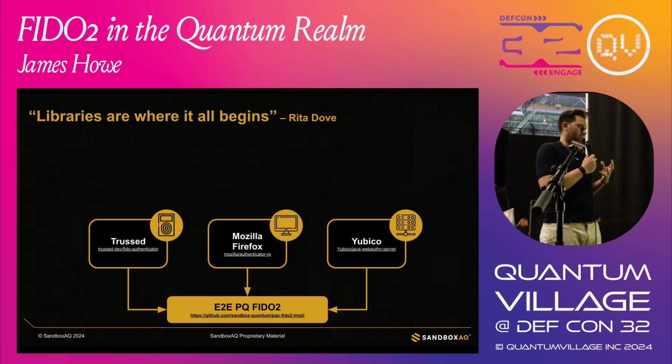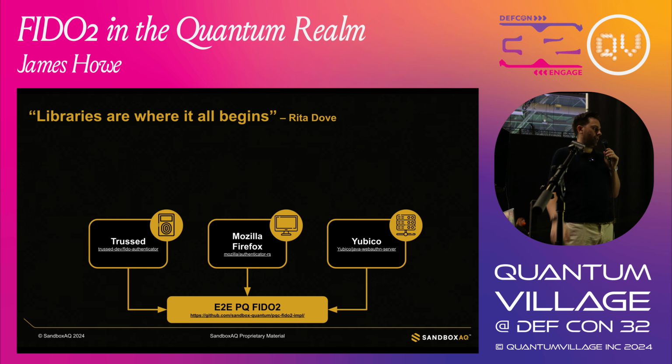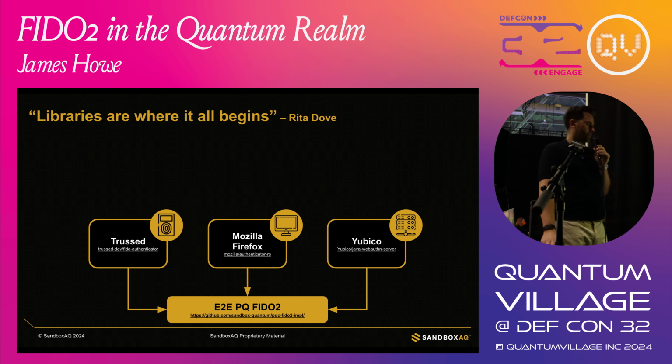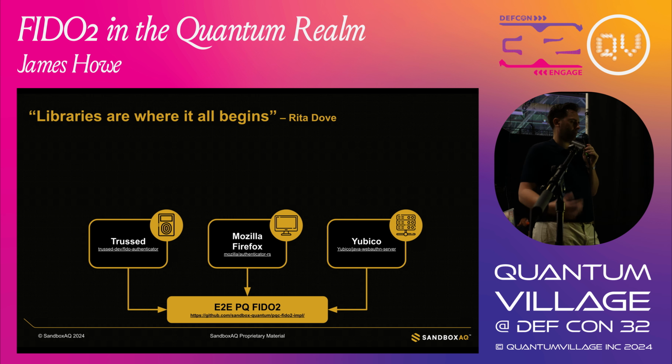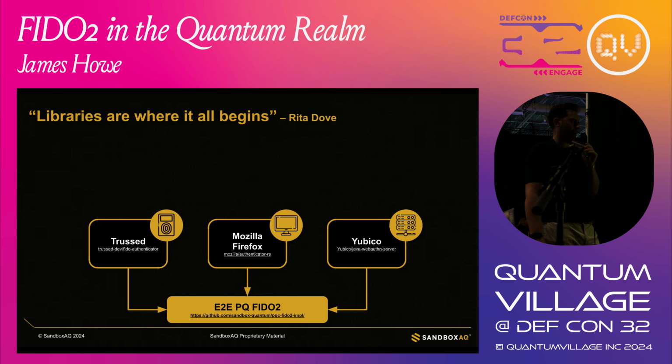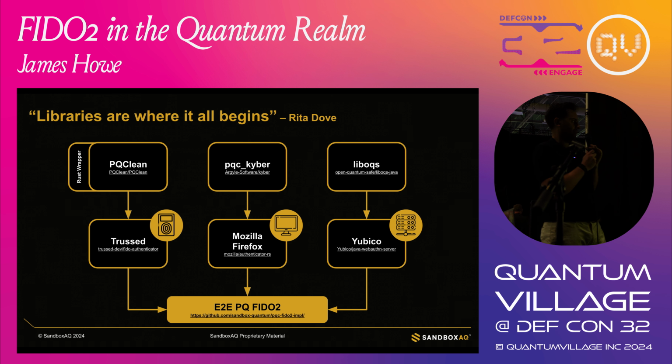They got together and decided to build a common repo so they can sell their products. We use the Firefox open source client there, and for the server we use the Yubico open source repository. Trussed, like I said, is based on Rust.